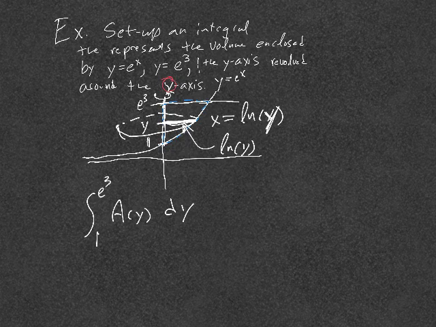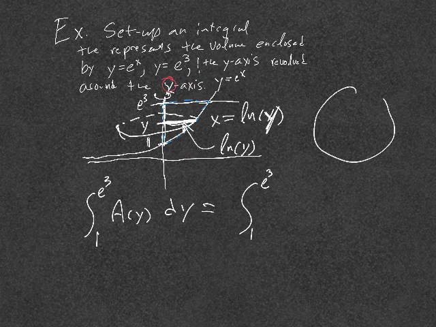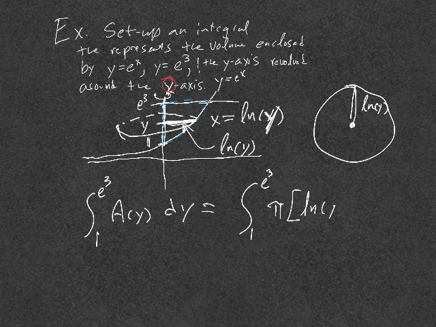And our area function is going to be just one big circle, the y-axis is the middle of it, and the radius of this is natural log of y, so our area is going to be pi times natural log of y squared dy.